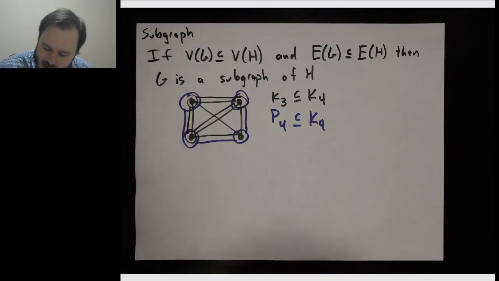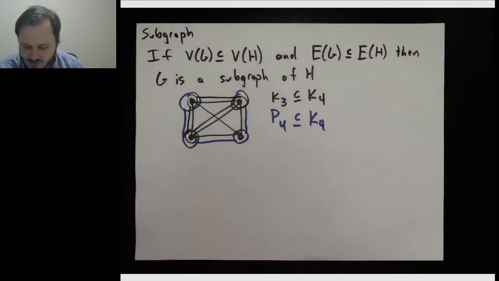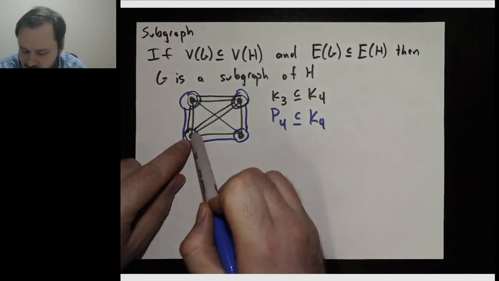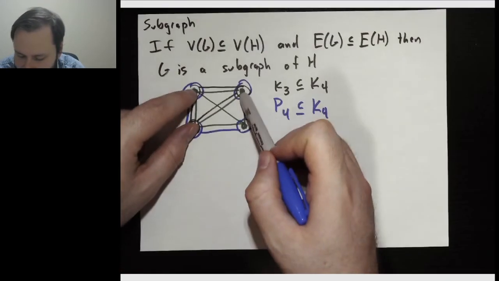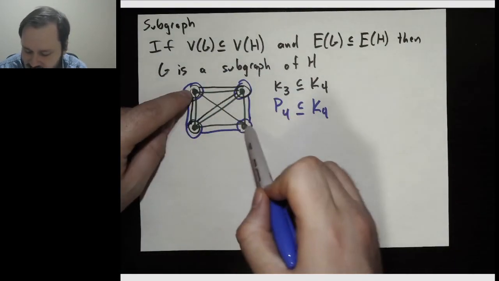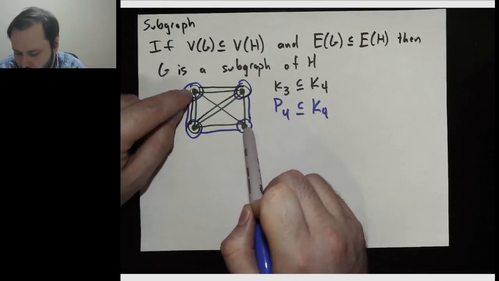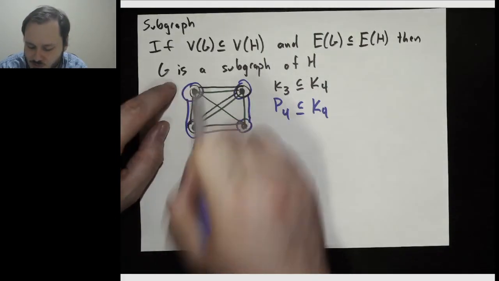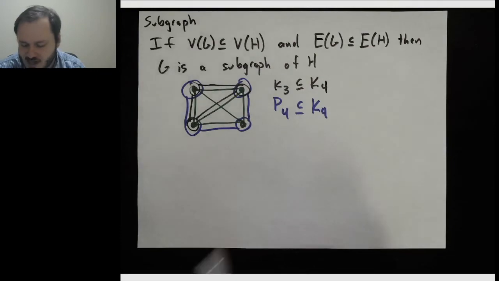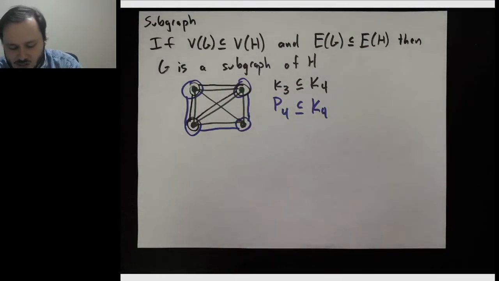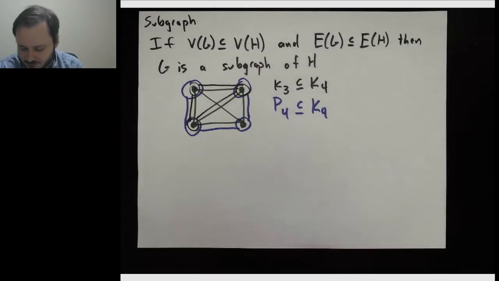Now, if you want a subgraph where you have to take all of the edges, like in this K3, I took these 3 vertices and I took all of the edges that had to be there. I couldn't take this edge because its other incident vertex wasn't part of my subgraph. But if I just want to pick the vertices and any edges that were already there, that's called an induced subgraph.